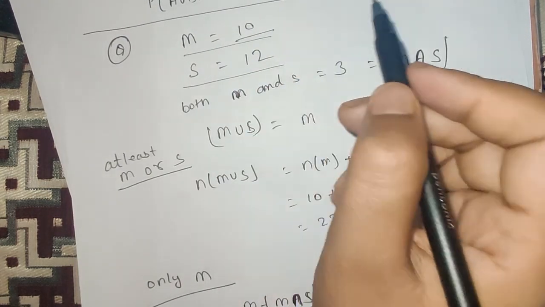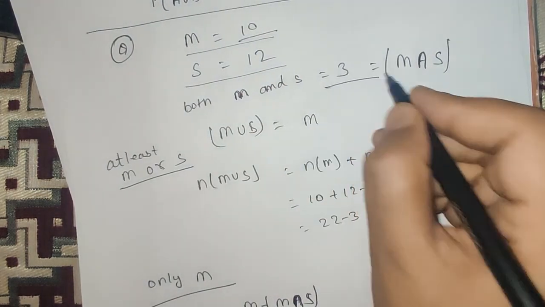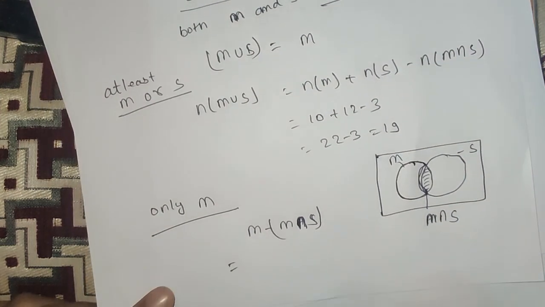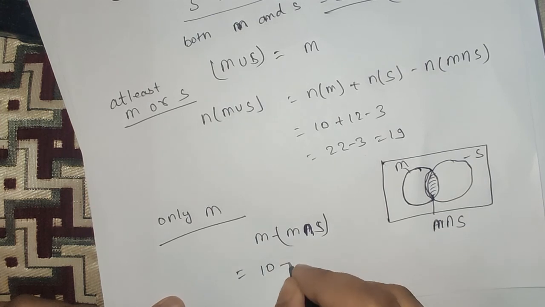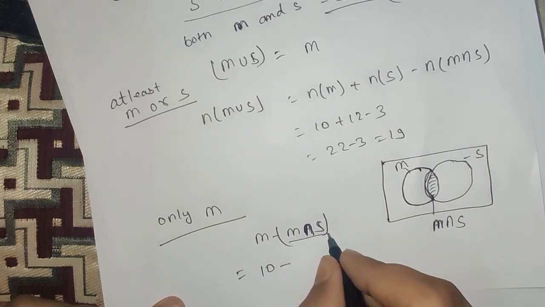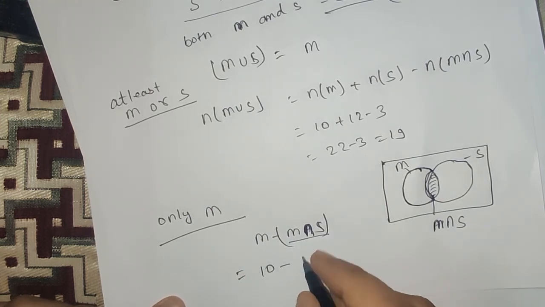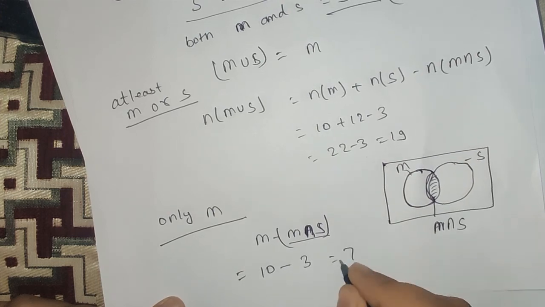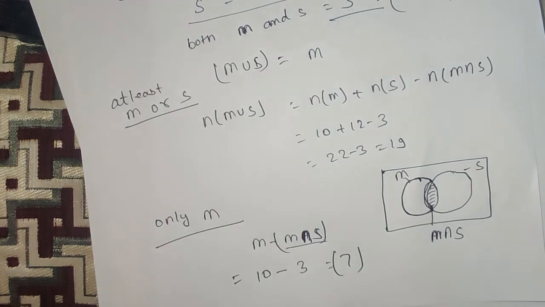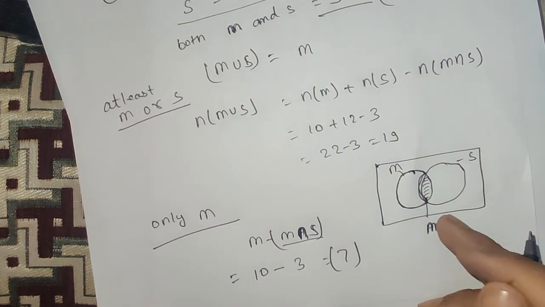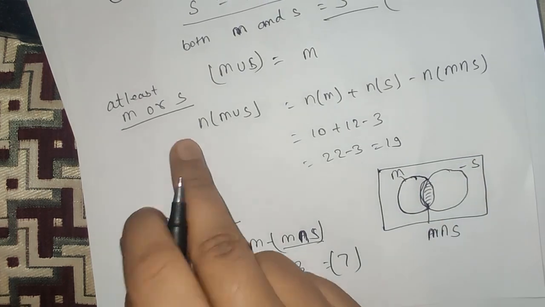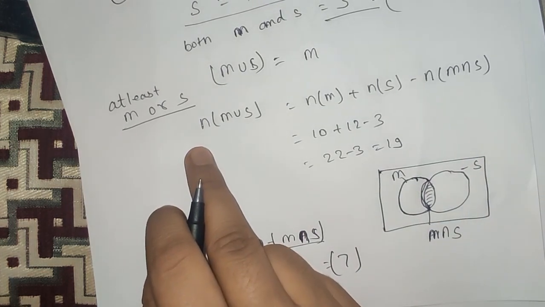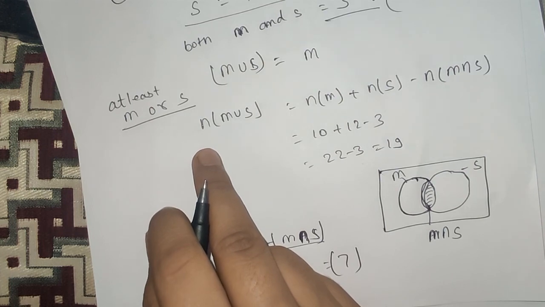The total number of students who study both math and science is 3. So the total number of students who study only math is the number who study math minus both, that is 10 minus 3, so 7 is the total number of students who study only math. By this you can also calculate the total number of students who study only science, and here we have calculated the total number of students who study at least math or science.